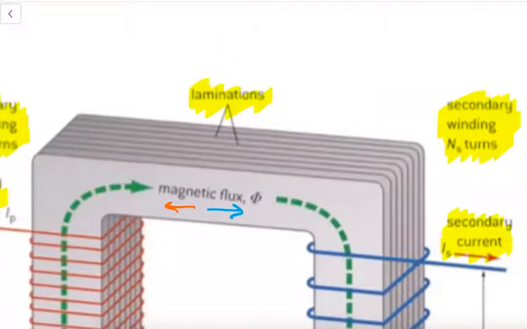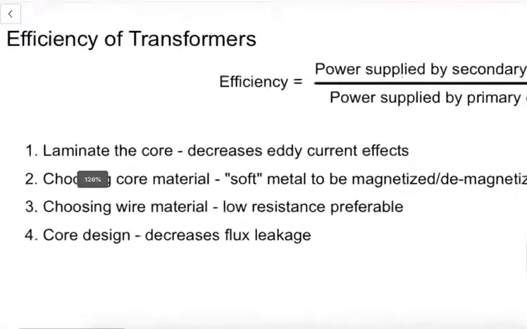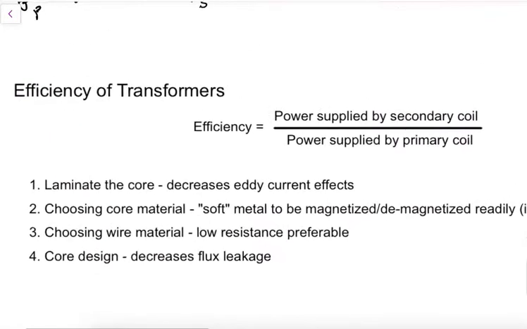These laminations decrease the amount of what we call eddy currents. Eddy currents are currents that are produced from changing magnetic flux, and that usually negatively affect our efficiency in transformers. So we want to laminate the core. The first thing we do is laminate the core, and that's going to decrease eddy current effects. The eddy current effects are, due to Lenz's law, decreasing the magnetic flux that's transferring across.